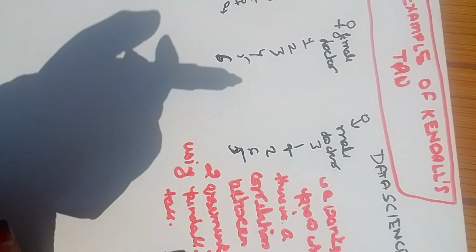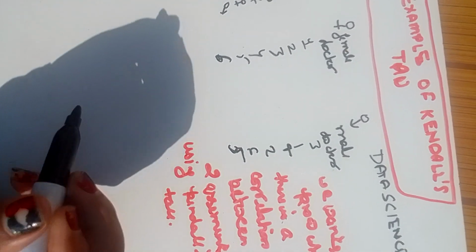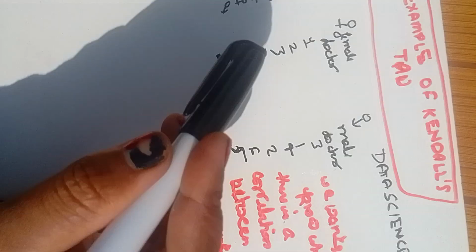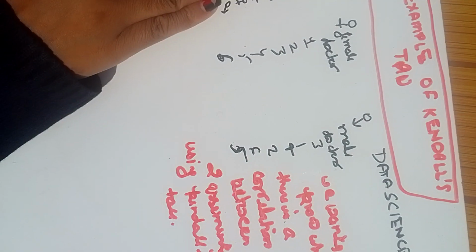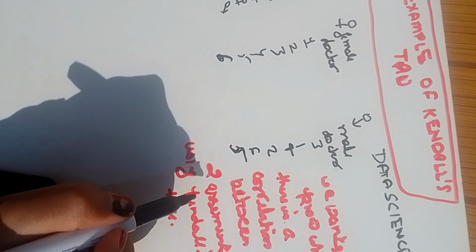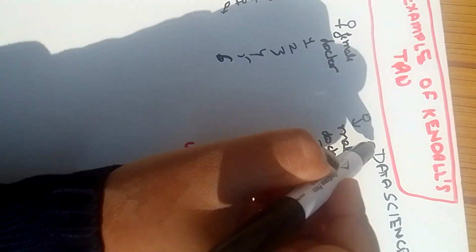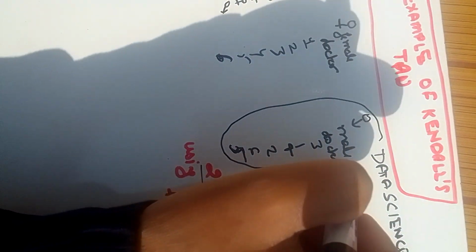To calculate it, we only need the ranks on the right hand side. This is the right hand, this is the left hand, and to calculate this assessment we need only the male doctor's observations.